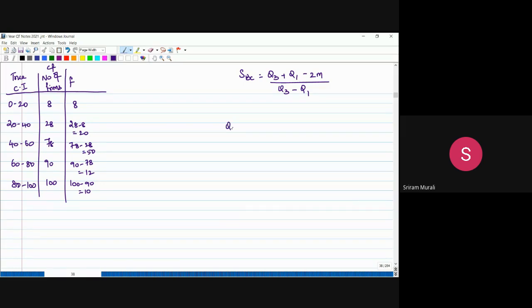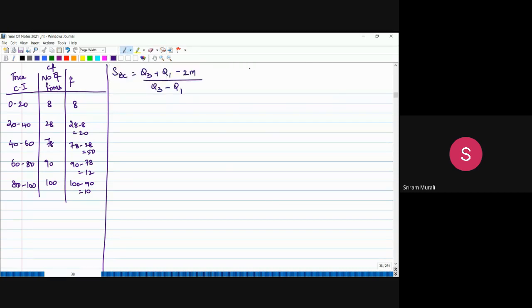Q1 is equal to L plus n by 4 minus pre-CF divided by F into C. So n by 4, n is 100. 100 by 4 will be equal to 25.